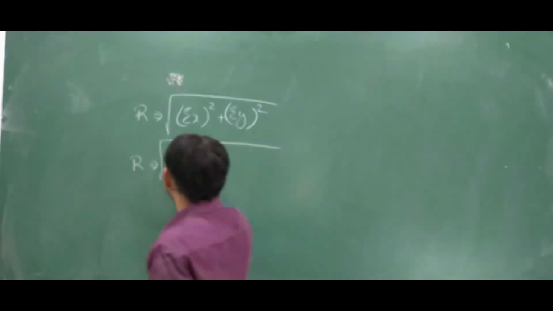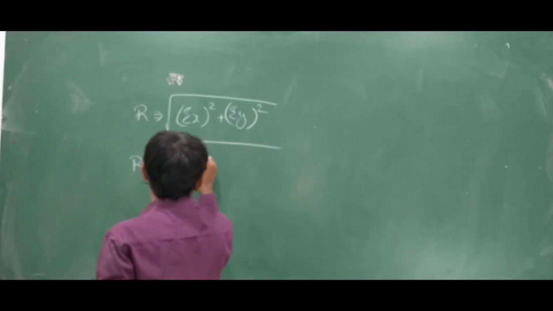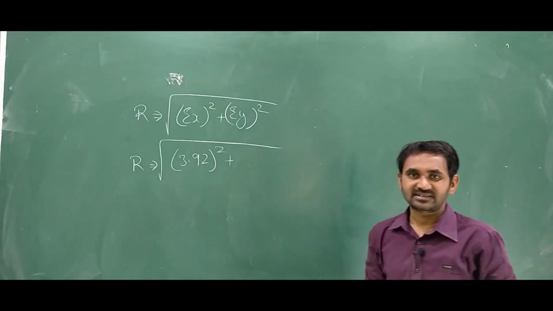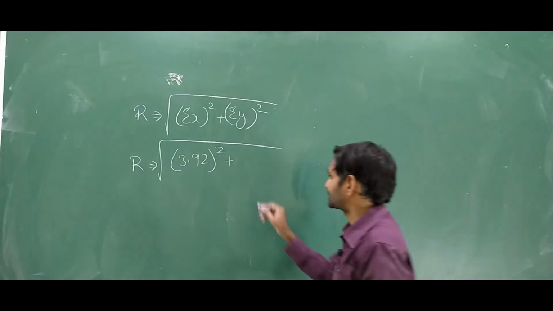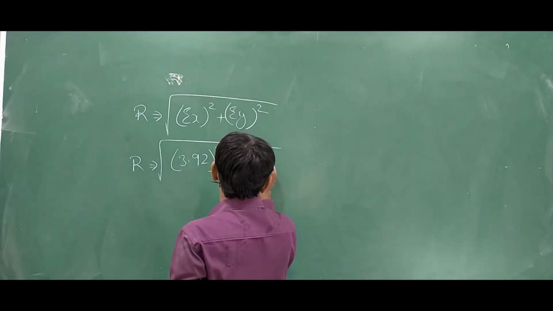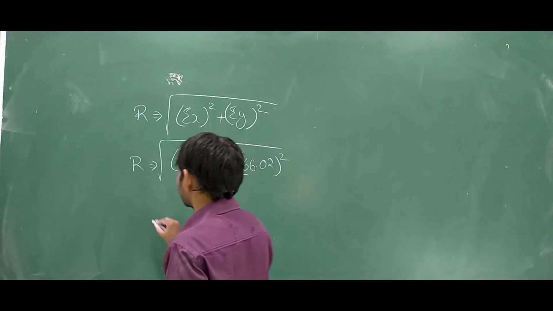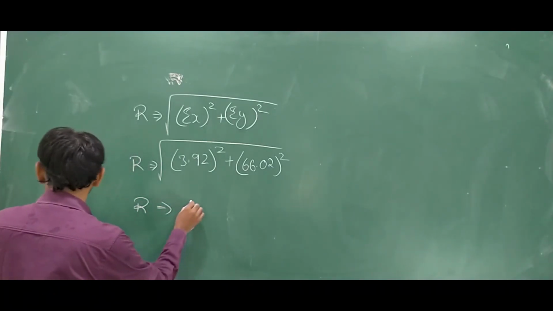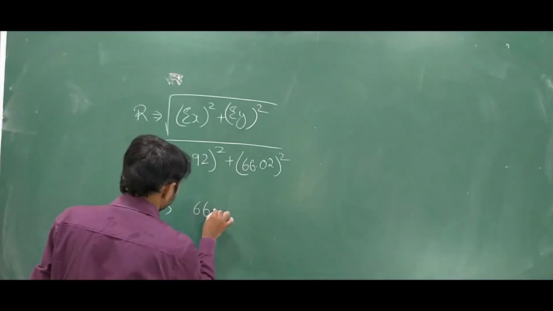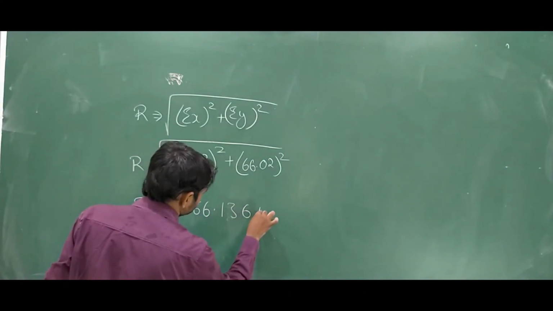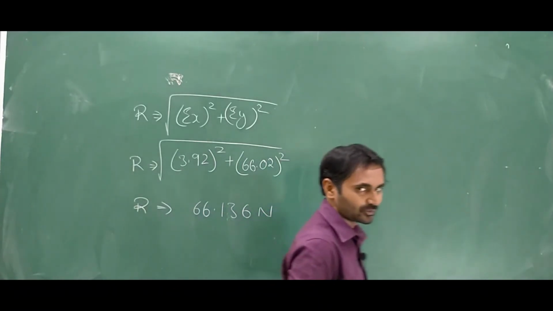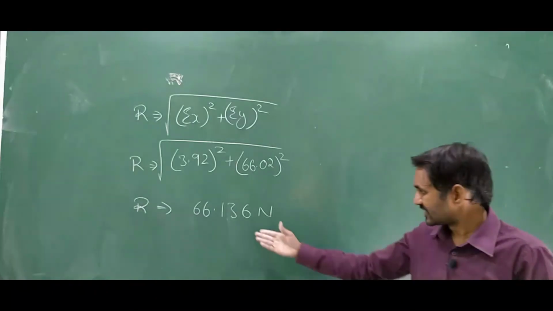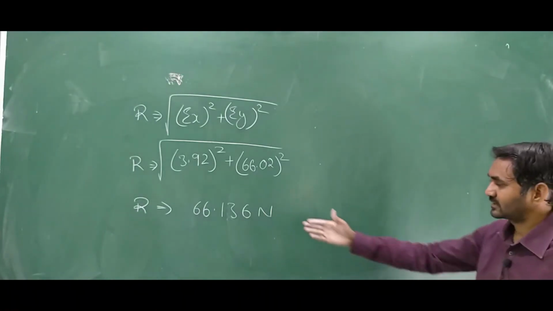So I am writing here 3.92 whole square plus sigma y, which is 66.02 whole square. By doing this you will get 66.136 newtons. If you do it in your calculator, you will get the value of 66.136 newtons. This is your resultant force.